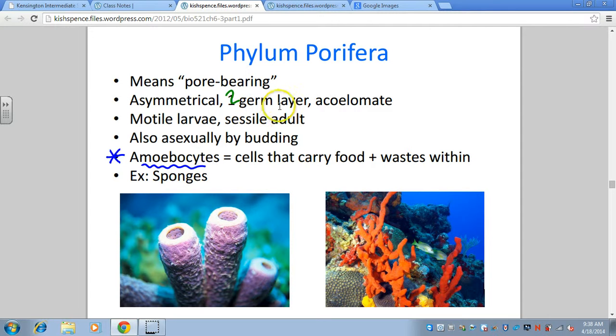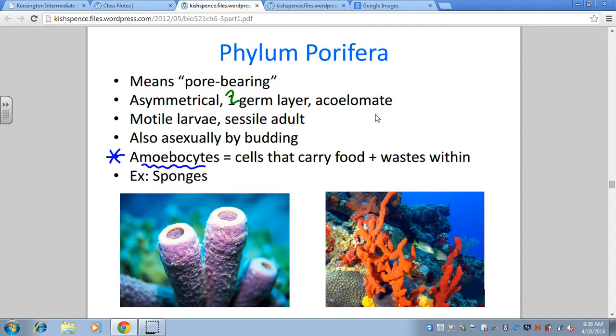They have 2 germ layers, so you would say they're diploblastic, and they're acoelomate. So they have no body cavity. They have a very simple structure. They only have 2 germ layers, so they can't really differentiate as the organism becomes an adult. They don't really differentiate into very complicated cell structures or tissues.